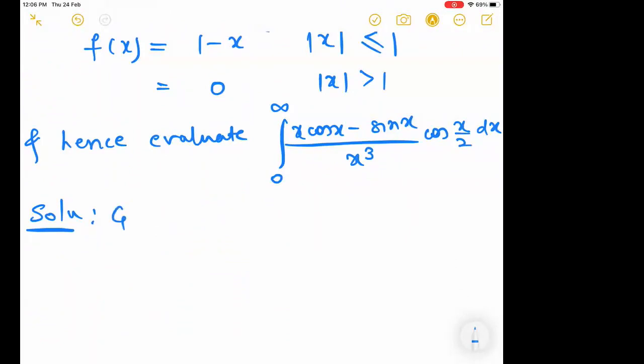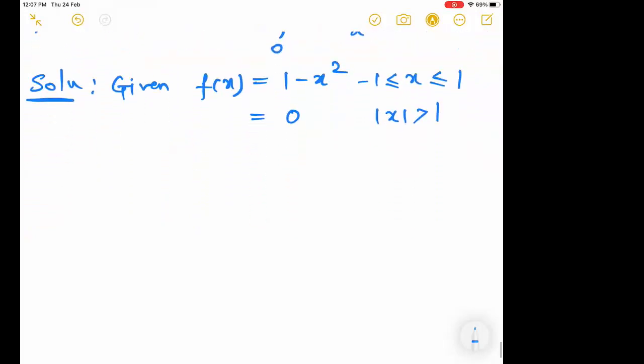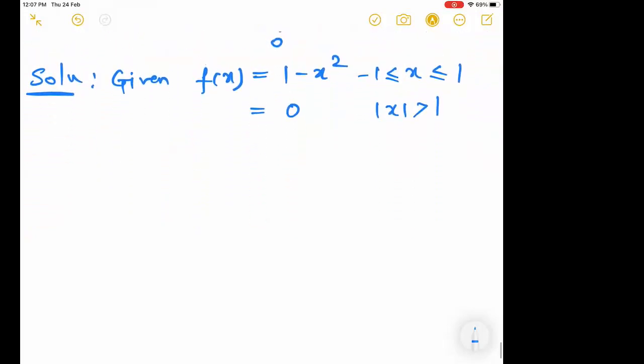Given function f(x) is 1 minus x square for mod x less than or equal to 1, means minus 1 less than or equal to x less than or equal to 1, and another value is 0 for mod x greater than 1. It doesn't matter where it is 0, which implies f of minus x, if I put x equal to minus x, is going to give me the same answer, 1 minus x square.